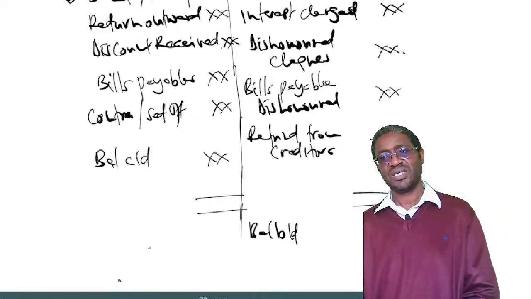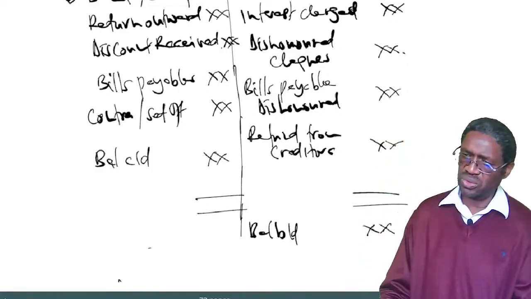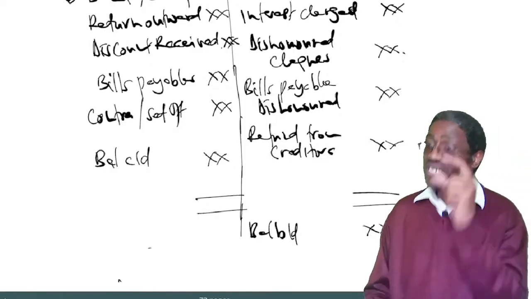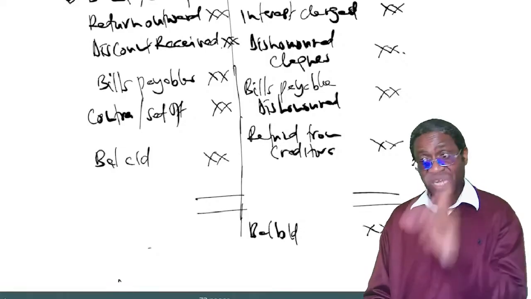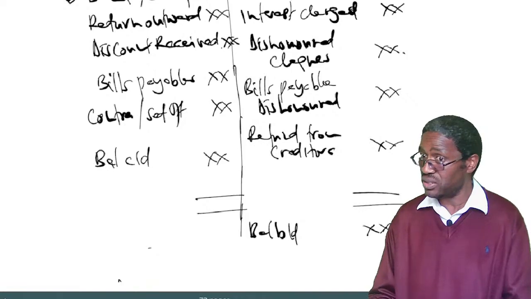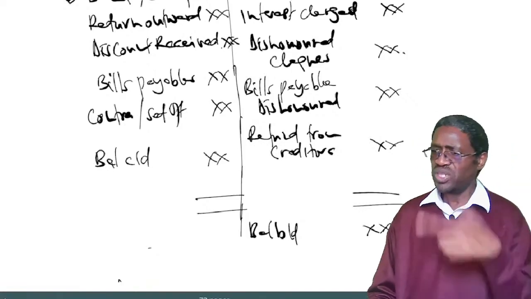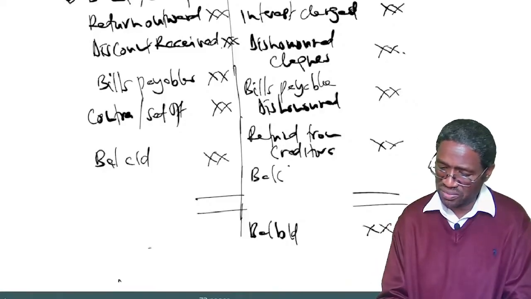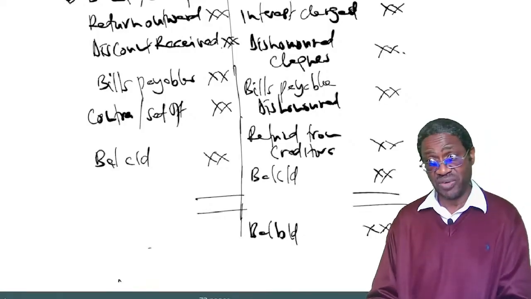Good. If the question tells you that we have a debit balance of creditors by the end of the year, a debit balance is to be brought down on the debit side. But by the end of the year, you cannot have a brought down without a carry down. So you will say balance carried down, whatever it is, first.